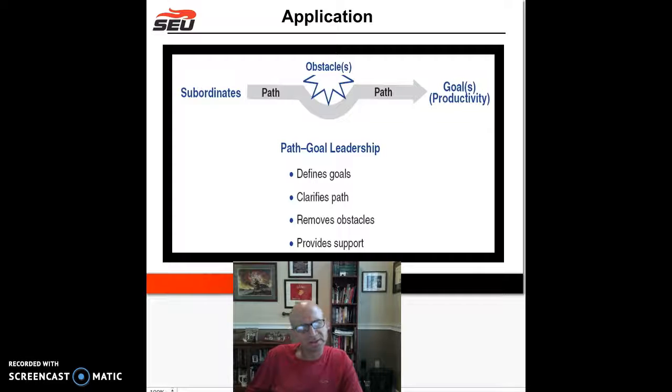And then another weakness that the book stresses is that it's very leader oriented. It fails to recognize the interaction between the leader and the follower, which I also disagree with the book, because at the core fundamental of this leadership theory is the fact that the leader and the subordinate work together to define goals, define a path, identify how to get over obstacles, and then eventually provide support.